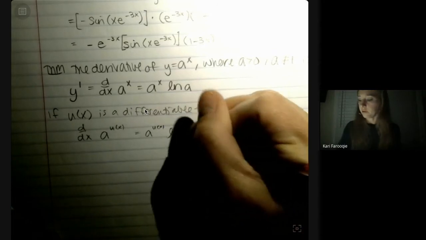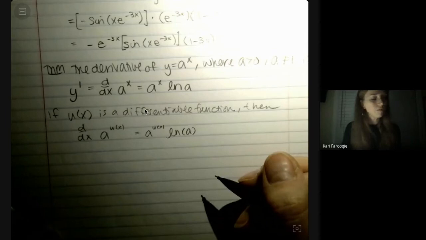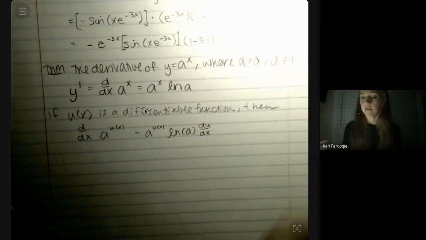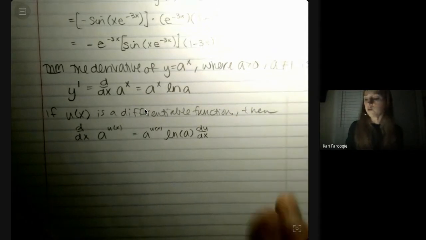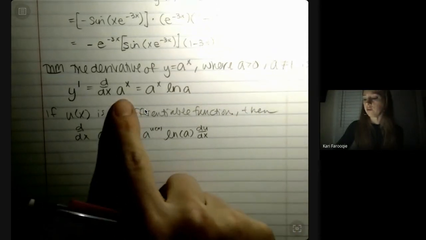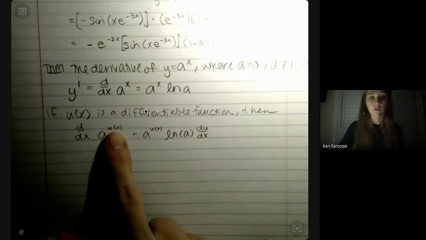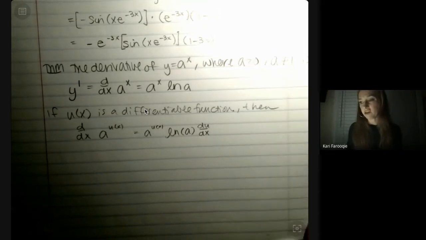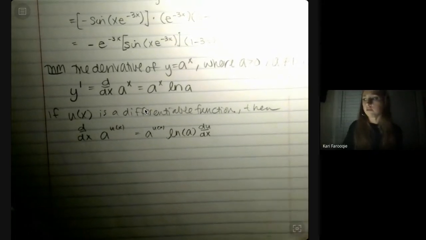Now remember, a is the base here. And then we're going to multiply that by the derivative of the function u with respect to x. So we have the special case where we just have the derivative of a to the x, and then we have another case where we have a to some function u of x. And then we'll look at one example of this because, like I said, you're not going to see a whole ton of this sort of thing here.